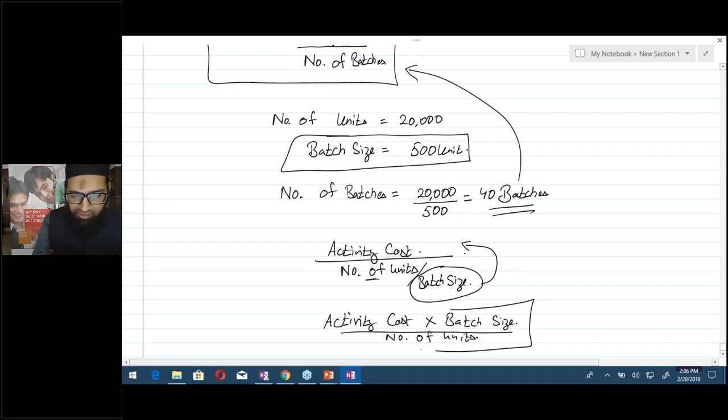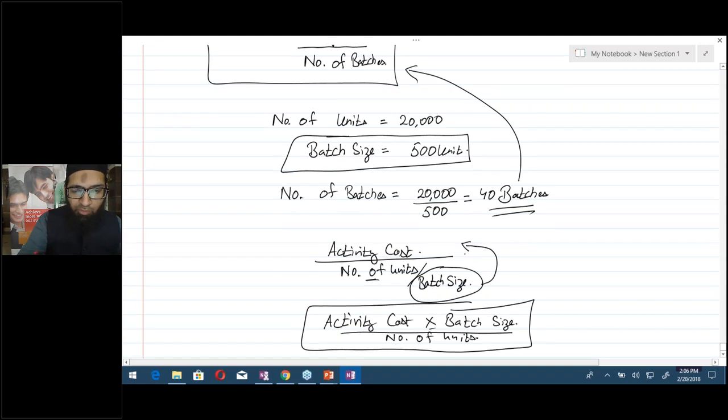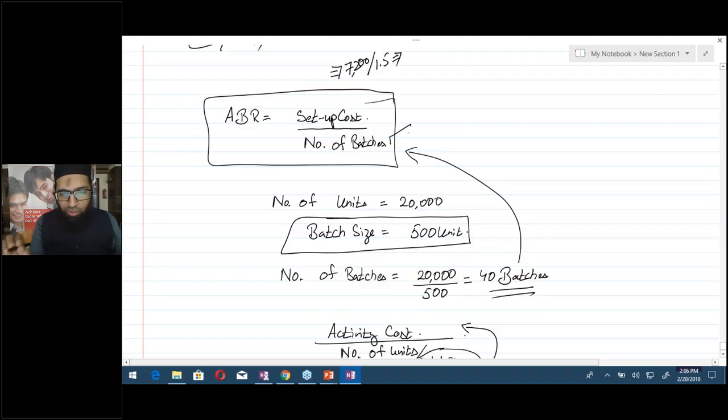I think this is the situation that is confusing you, that sometimes it multiplies and sometimes it divides. The principle here is that the cost driver is the number of batches, not the batch size. So the easy way is to first calculate the number of batches and then put it in the value.